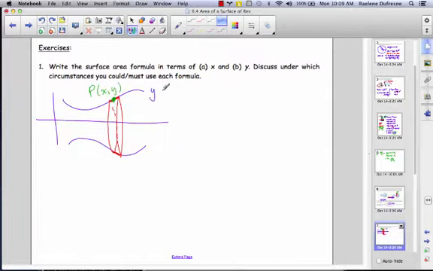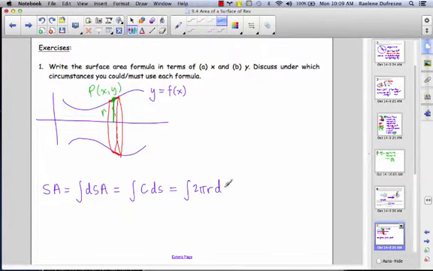We still have that the curve is y equals f of x. And we know that we have a radius, in this case, based on revolving around the x-axis, of some change in y. So we would say that the surface area is equal to the integral of a little bit of surface area, which is going to be the integral of circumference times a little bit of slant side, which in this case is going to be the integral of 2 pi r times ds.